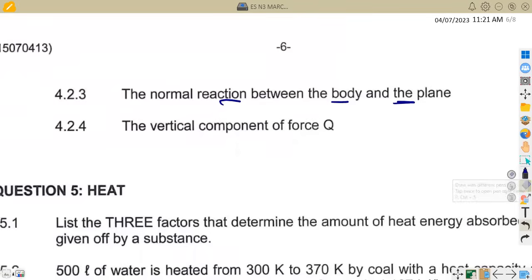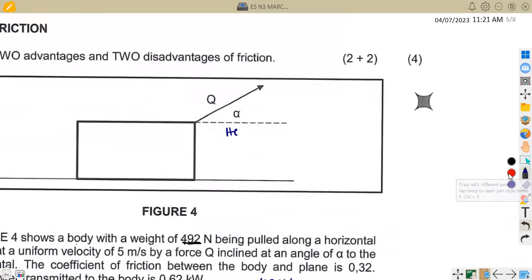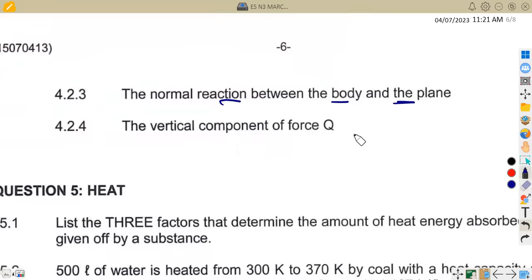All right. So the vertical component of force Q is opposed by the weight. Remember, if you're given weight due to gravity, it will be going down, and our vertical component is going up. So the difference between these two is going to give us our vertical component. Our vertical component is equivalent to the weight minus the normal reaction, because the normal reaction is going up.